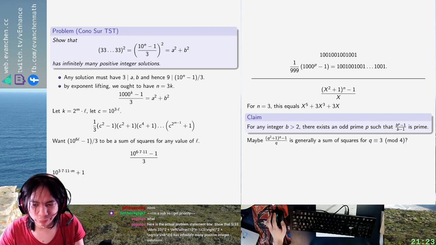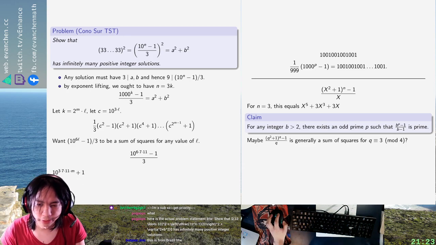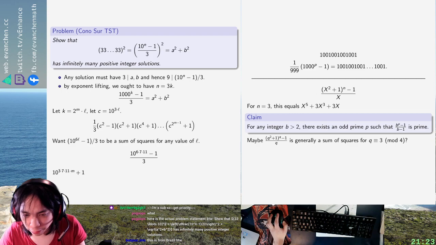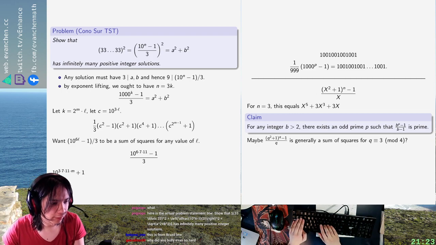I think we probably will solve the inequality. Or solve the N3 and then we can do the inequality. After that we can play some Recursed.